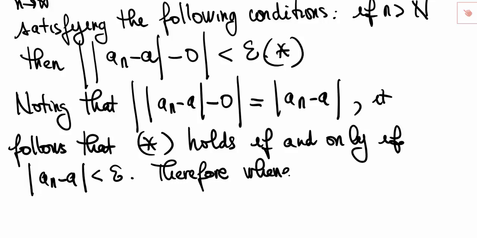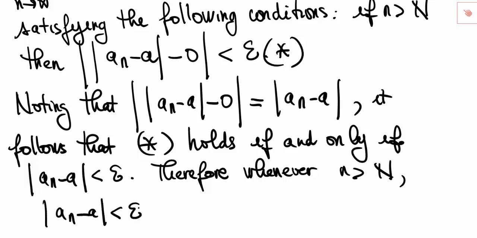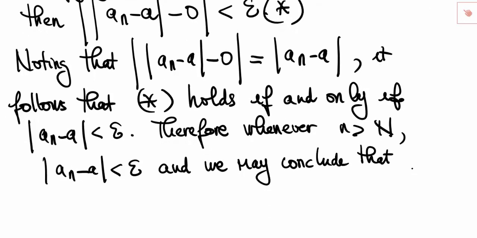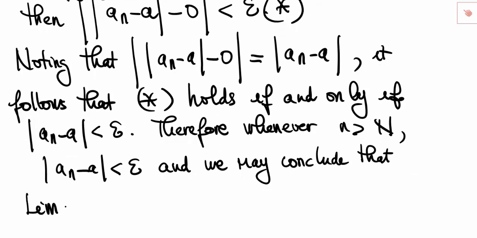Whenever little n is bigger than capital N, we have that the distance between An and a is less than epsilon, and we may conclude that the limit of An as n is approaching infinity is a, as desired.